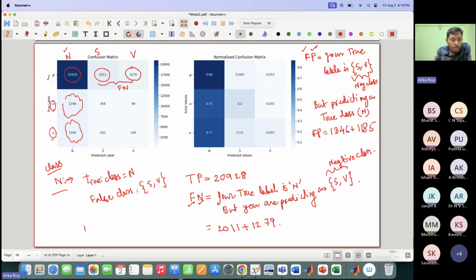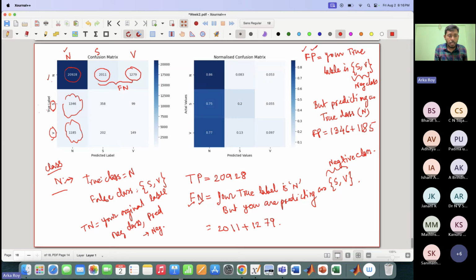And lastly, you are left with true negatives. In true negative, your original label is negative class, and you are predicting it also in the negative class only.